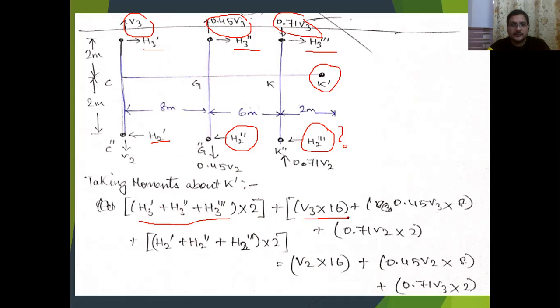Similarly, V3 into 16 is clockwise, 0.45 V3 into 8 is clockwise, 0.71 V3 into 2 is clockwise. Also H2 dashed, H2 double dashed and H2 triple dashed are all clockwise moments. While the anti-clockwise moments remain V2 into 16 plus 0.45 V2 into 8 plus 0.71 V2 into 2.